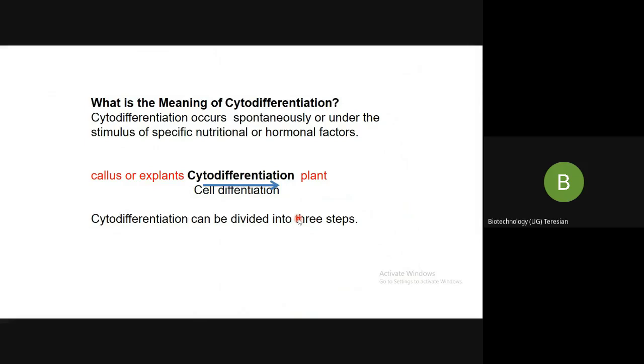Or by an indirect process, I can develop my explant into callus or suspension culture and then develop into a whole plant. Whatever the case may be, you require appropriate nutrients, growth regulators, and appropriate environmental condition to form a whole plant.